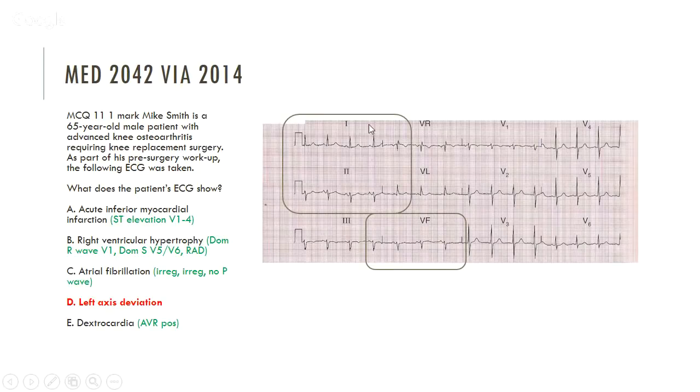I think the answer is left axis deviation. Again, 1 and 2 are leaving, so it's left axis. And you confirm it looking at AVF. There's no significant ST elevation. It's regular, and AVR is negative, so it's not dextrocardia. So I think they like asking left axis deviation quite a lot.